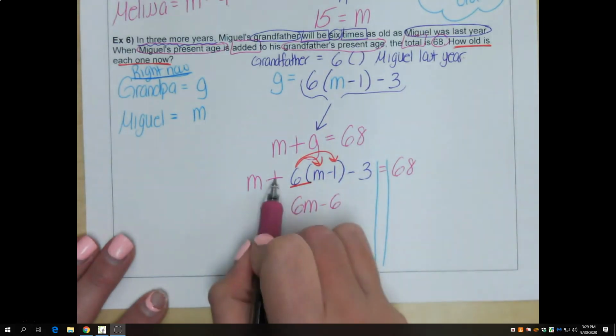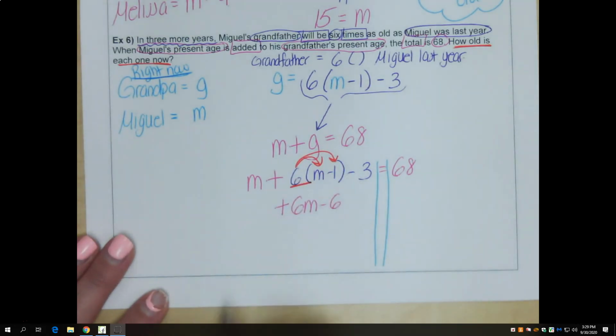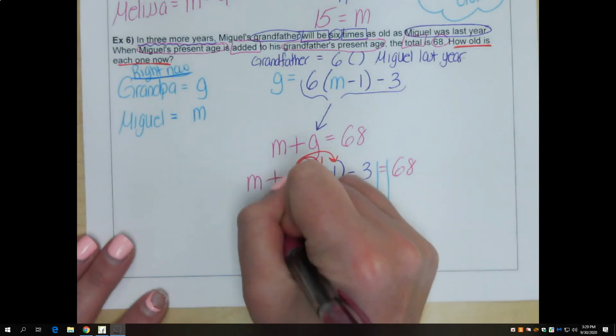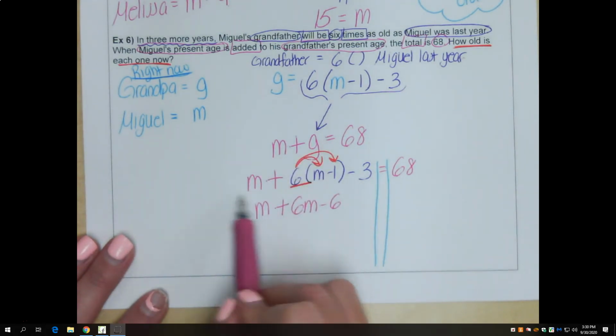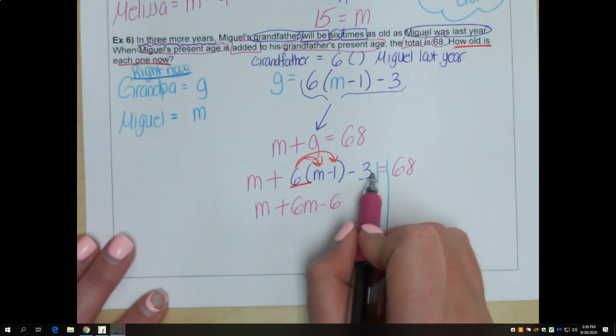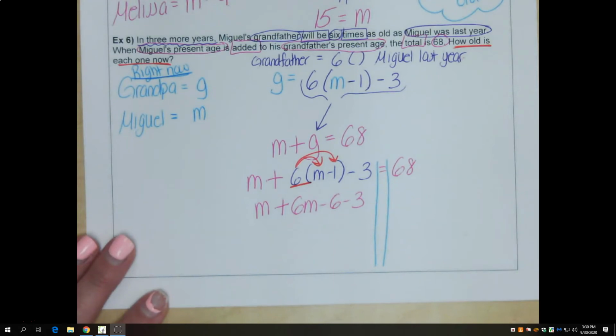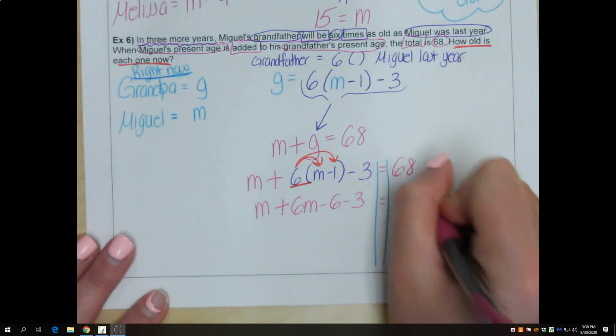I'm going to bring down that plus sign because it's really a positive 6M, and I'm also going to bring down the M. He was on the outside, it didn't go anywhere, so he just drops down. Same thing with the minus 3. It doesn't really do anything with the other terms, so he just drops down. And that's going to equal 68.